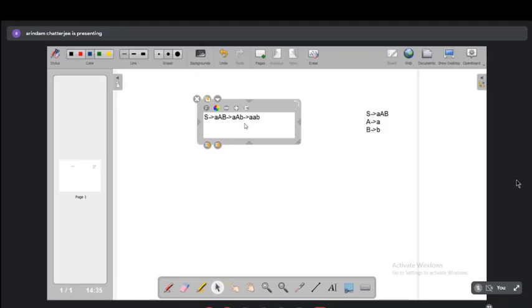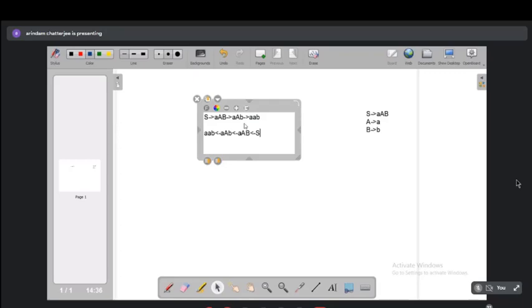Okay, now if we want to trace it in reverse, we should be doing this, right? Okay, so this is what is traced in reverse. We start with the string consisting entirely of terminal symbols, and from there we trace backward the rightmost sentential forms to go to the starting symbol.